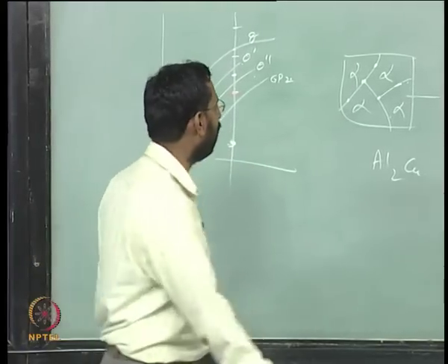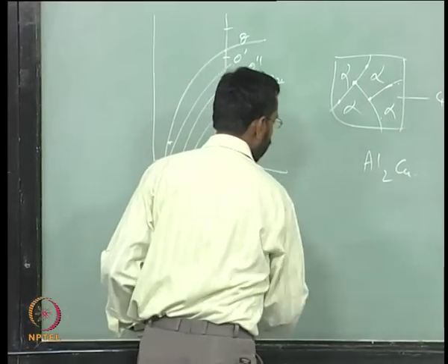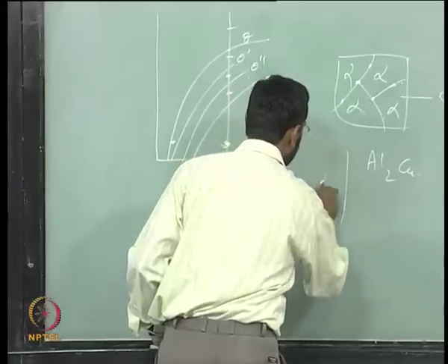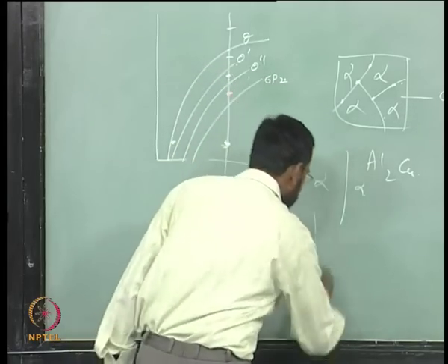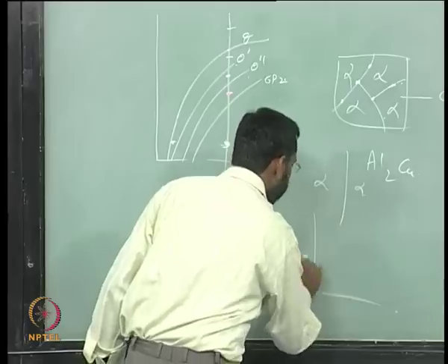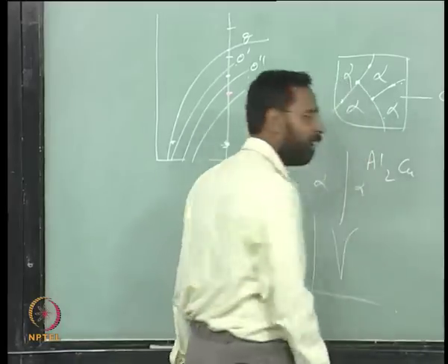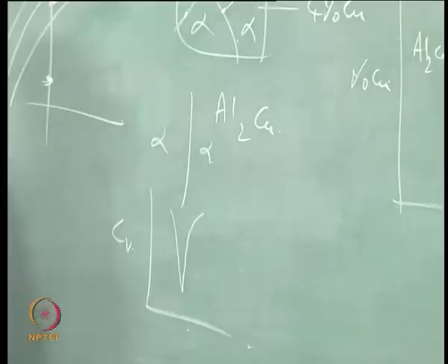If you think there is a grain boundary, so there is alpha and alpha, and you plot vacancy concentration as a function of distance, you would see this kind of a thing. The vacancy concentration is very low at the grain boundary because it has already migrated to the grain boundary, and within the grains you have it.